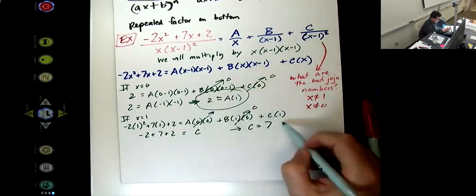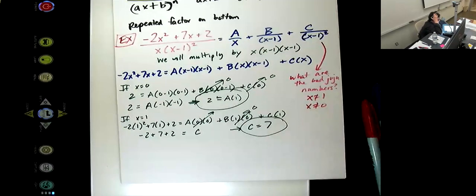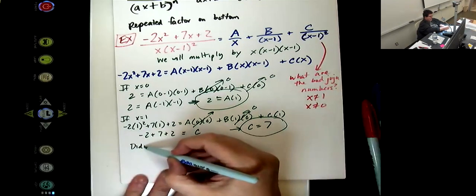I'm going to circle those, that way I can find them a little bit easier later on. I multiplied by everything I have, and I still have no B. Didn't get B this way.